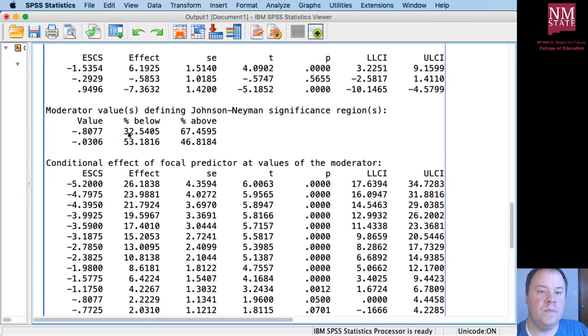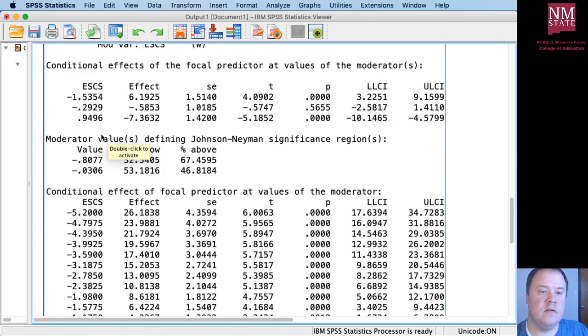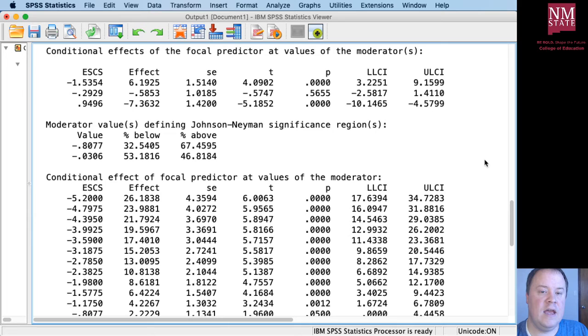And then we see that at the values of negative 0.8 and negative 0.036, both of those are sort of straddling this average score of negative 0.29.